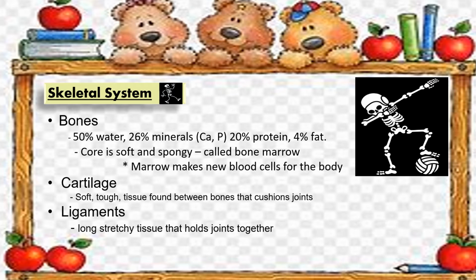So, how many percent of water? 50% of water and 26% minerals, 20% protein, and 4% fat. So, the core is soft and spongy. How about the cartilage? Well, this cartilage is soft, tough tissue found between bones that cushions joints. So this cartilage protects our joints from moving.